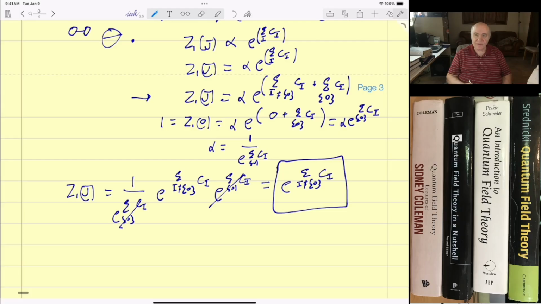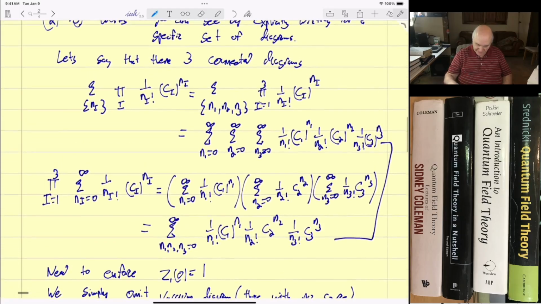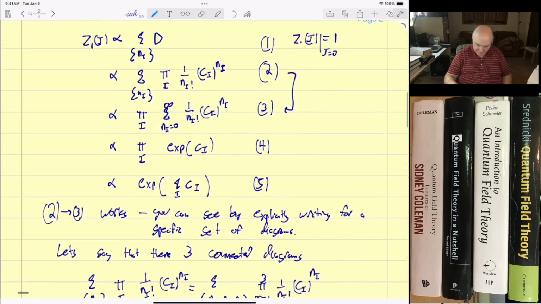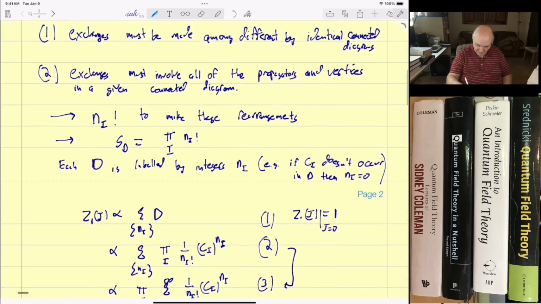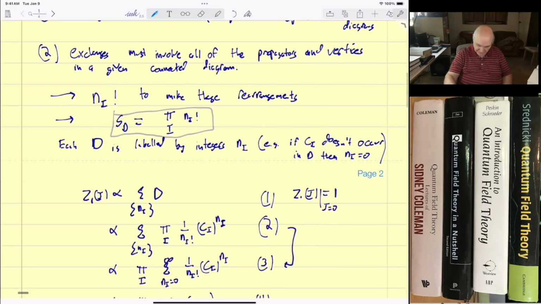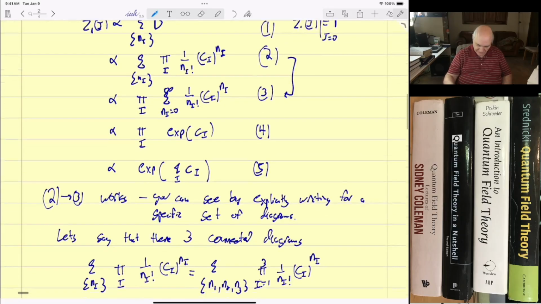We just take all the connected diagrams with their symmetry factors, sum them up, and get, because remember we took care of, a long time ago, once we established this, that the extra symmetry factor was the product over I of ni factorial, that enabled everything to exponentiate.